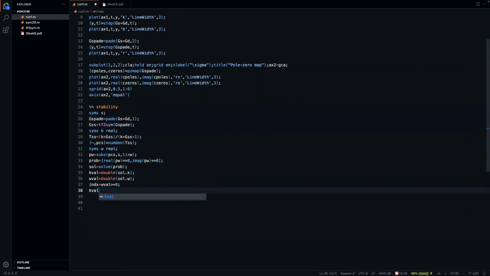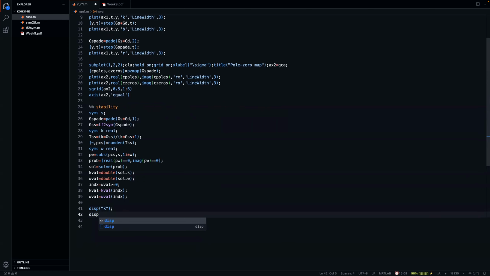It can be 0, so k-val is going to be k-val indexed. Same goes for omega. So I'm going to display k, display k-val, omega, omega-val.